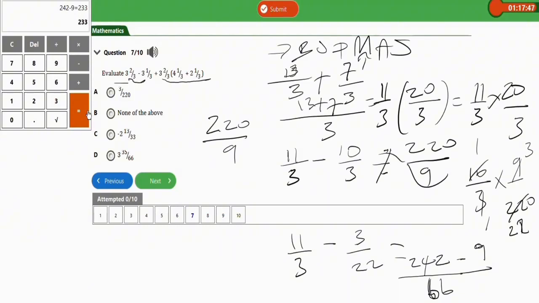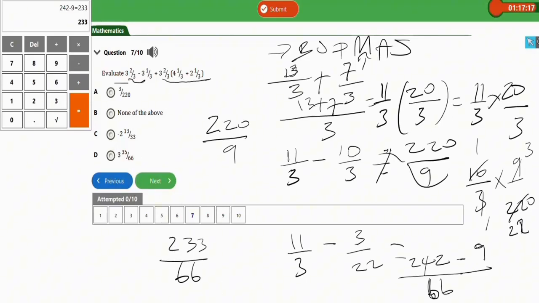So we have 233 over 66. Okay, so this is the answer to the question. But since we have the options in mixed fraction, so basically this has to be option D.